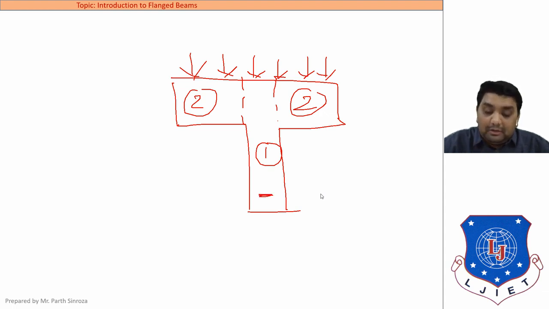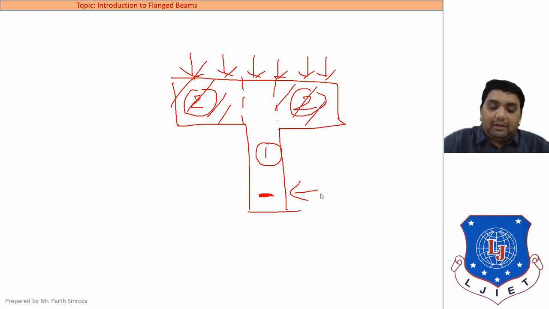So section 1 will be a rectangular section with steel provided in the tension zone, so it will act as a singly reinforced beam. Our section 1 will always act as a singly reinforced beam, and our section 2 will be full of concrete. There won't be any tension reinforcement in our section 2 in the case of singly T.